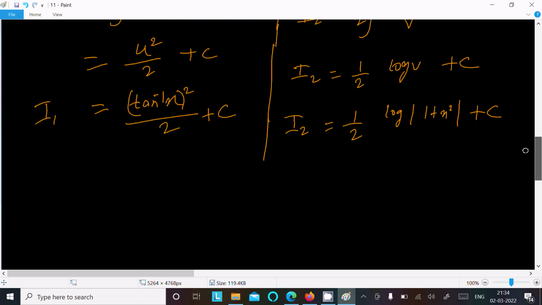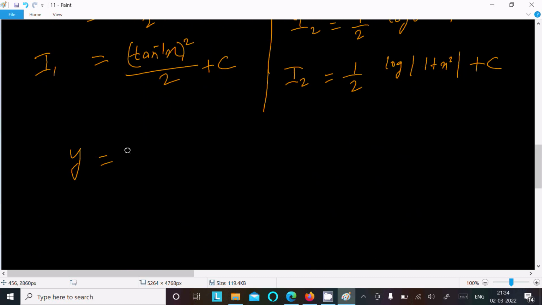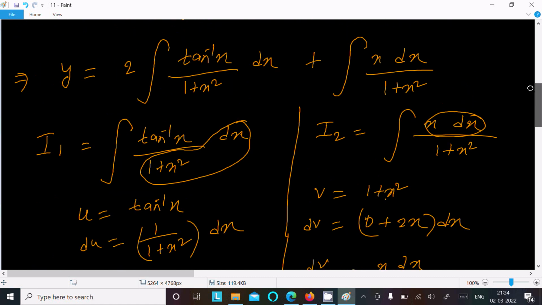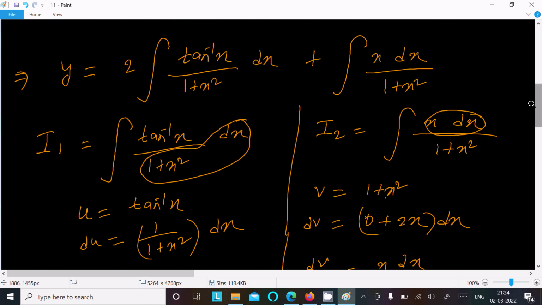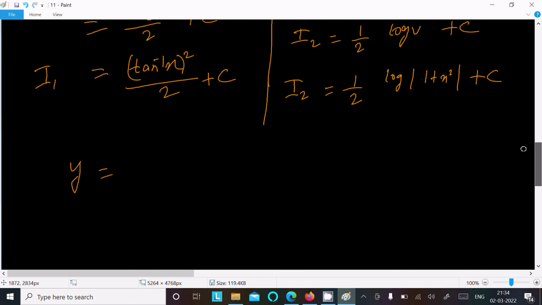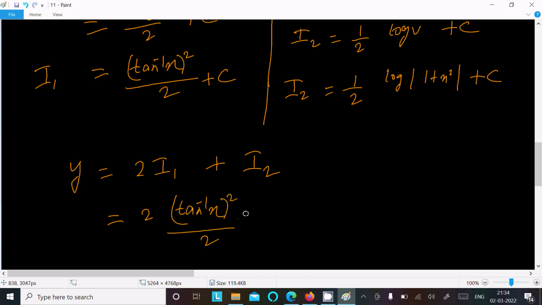Now the next step: y equals 2 I1 plus I2. So in place of I1 we put the value: I1 is (tan inverse x) whole squared divided by 2, and I2 is 1 by 2 log (1 plus x squared), plus c, the constant.